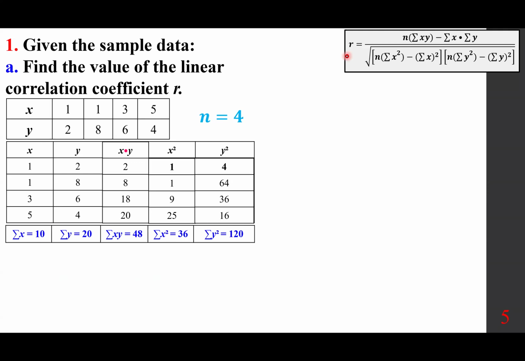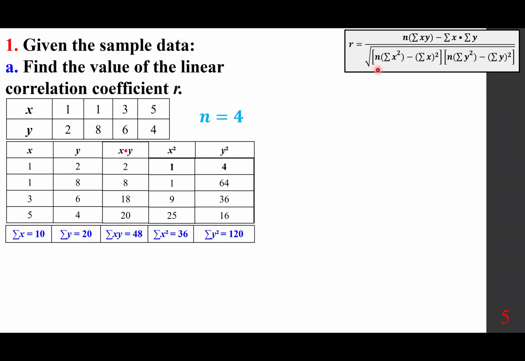Having said that, R is equal to n, replace it with 4, here, here, and here. Summation of xy is 48. So 4 times 48 minus summation of x, 10, times summation of y, 20. Then at the bottom, we have, as I mentioned, 4 here.